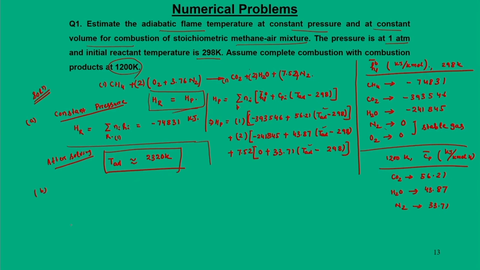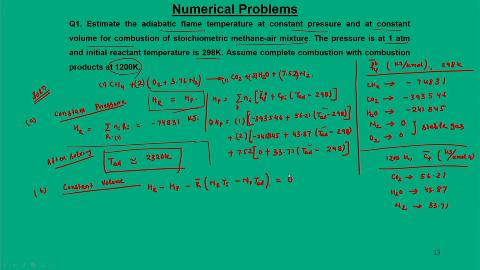Now, using the same data, we are going to find the adiabatic flame temperature at constant volume. For constant volume, the working equation we can write as HR minus HP minus R bar times (NR Ti minus NP T adiabatic) is equal to 0.